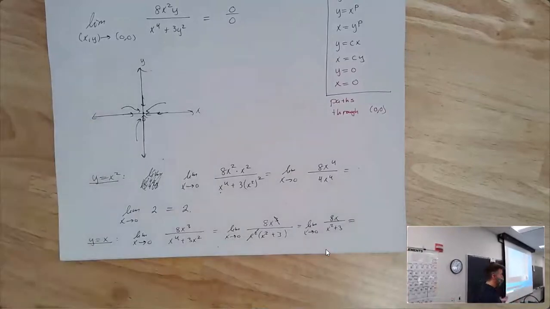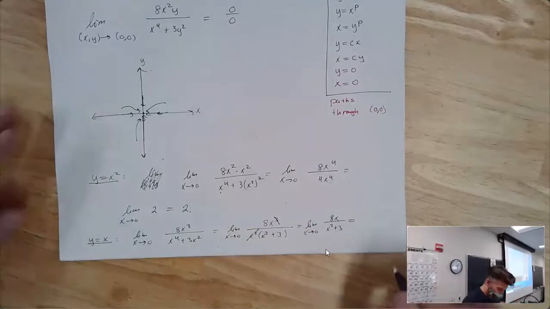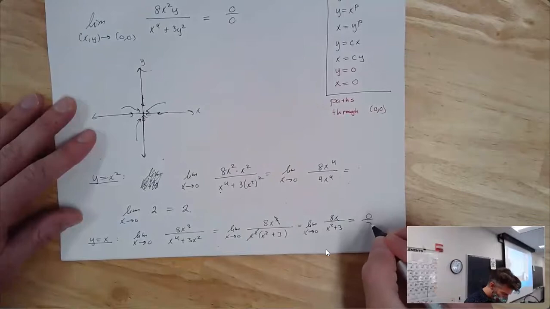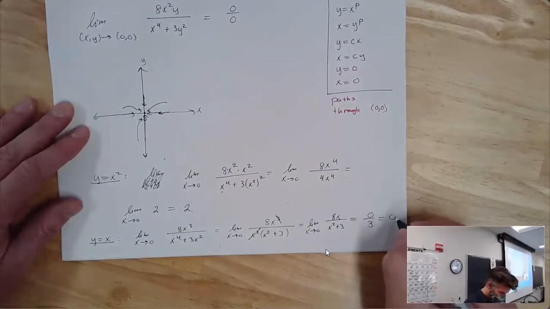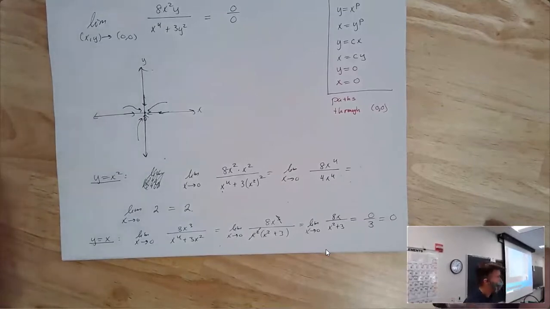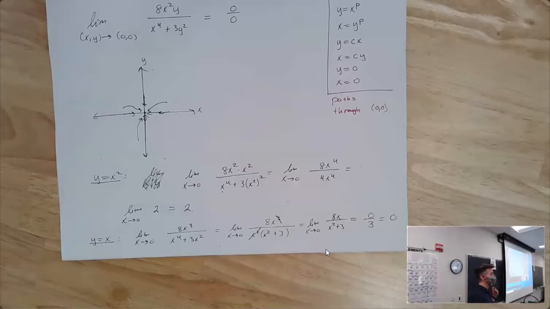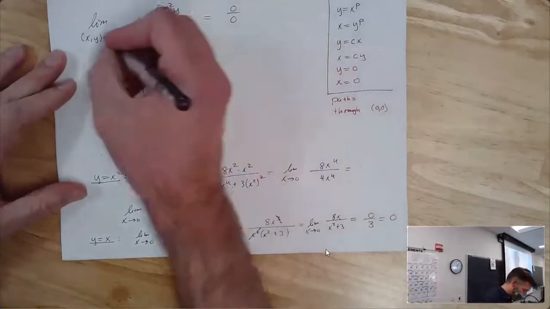And now I can plug in 0 and get 0 divided by not 0, which is totally fine. 0 divided by not 0 is 0. So look, 2 different paths gave me 2 different limit results, which means the overall limit does not exist.